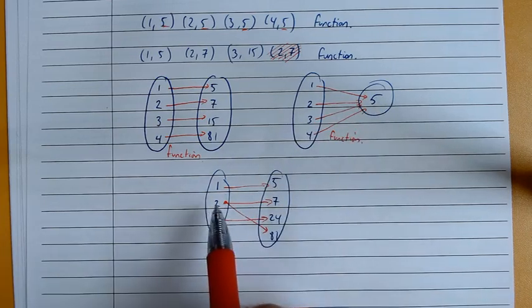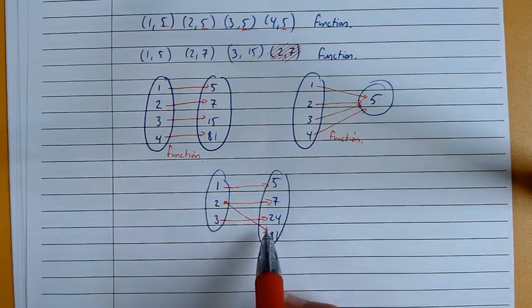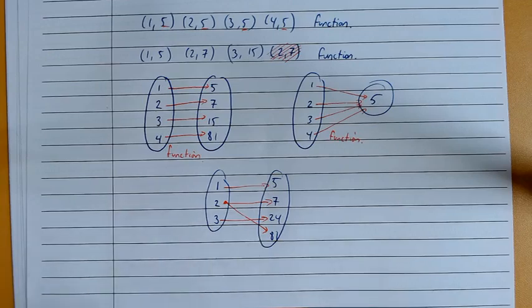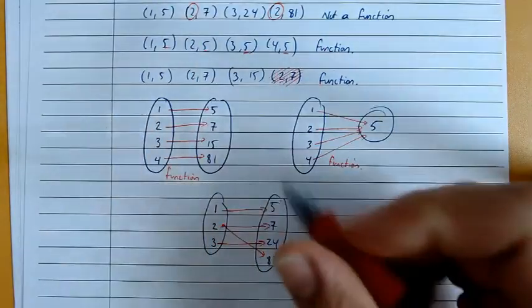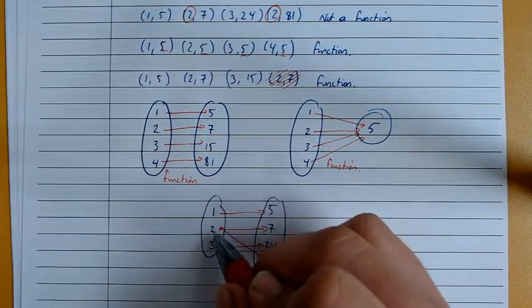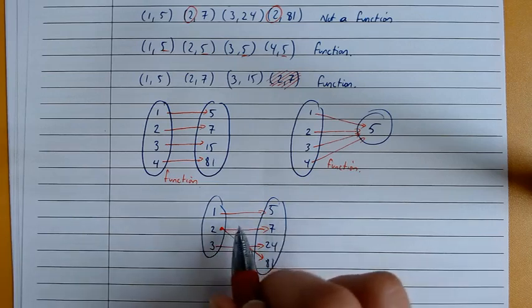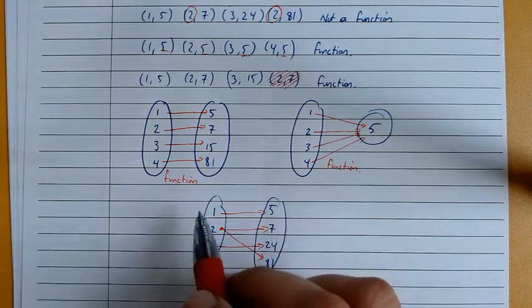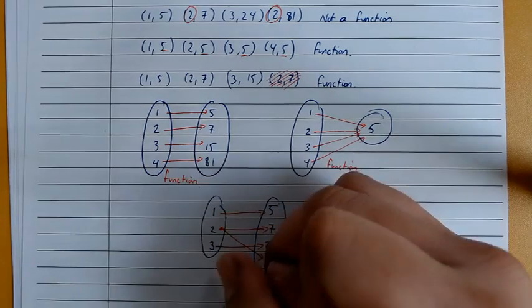But in this scenario, you have x is 2, and you are unclear as to which is the correct y value, because it could be either one. This is not a function, as we saw previously, and this is the reason why. Because one of your x values is associated to multiple y values. Or in other words, if I tell you x is 2, you still don't know what y is.